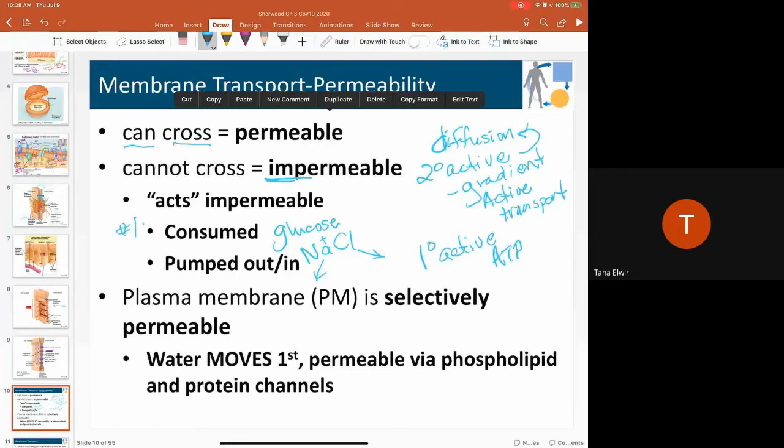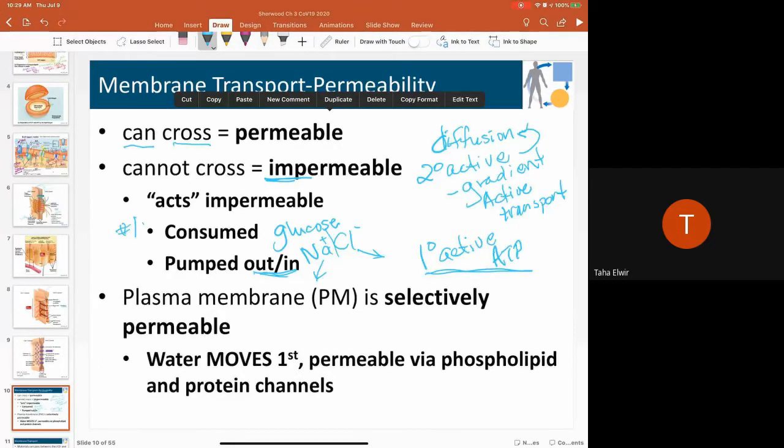If we put a red blood cell into sodium chloride, they both come apart in solution. Sodium and chloride, after they break apart, are both permeable to the plasma membrane, but they have a primary active transport that's going to pump them back out. We've got chloride active transport that'll get the chloride pumped back out, and a sodium active transport that will pump the sodium back out.